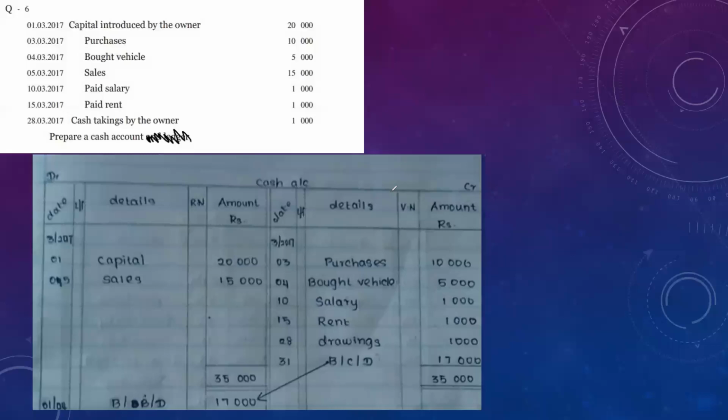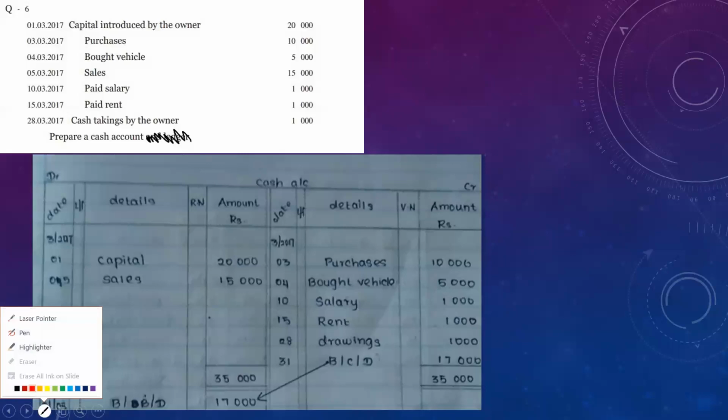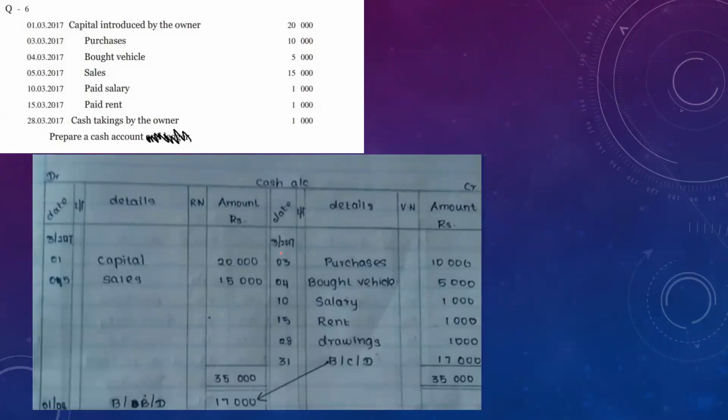Capital introduced by the owner 20,000. Cash account debit 20,000. Check your answers. Purchase 10,000, credit side.